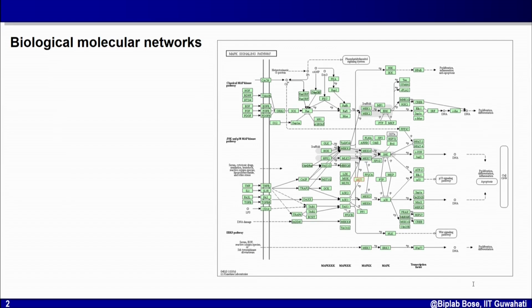It is showing a simplified and reduced model, or rather I will say it's a graphical model of the MAP kinase pathway. The MAP kinase pathway is one of the pathways which controls multiple processes. For example, it controls the cell cycle and metabolism inside the cell. And multiple signaling molecules like growth factors or growth hormones give input signals to this MAP kinase pathway.